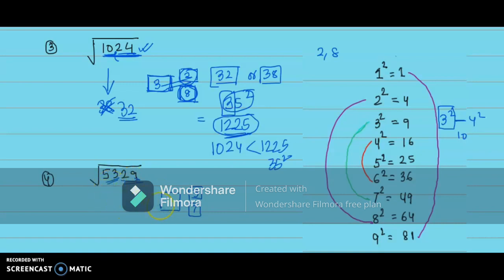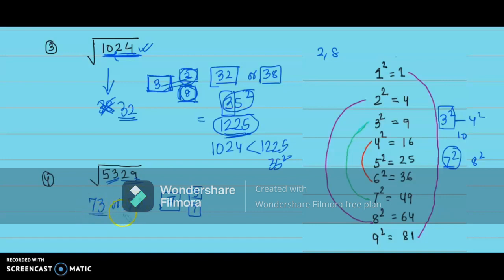Now try to find out where 53 lies. 53 lies between 7 square and 8 square, because 7 square is 49, 8 square is 64, so 53 lies between them. You are always supposed to select the smaller number. So here this is going to be 7. So we have either two options, either 73 or 77.